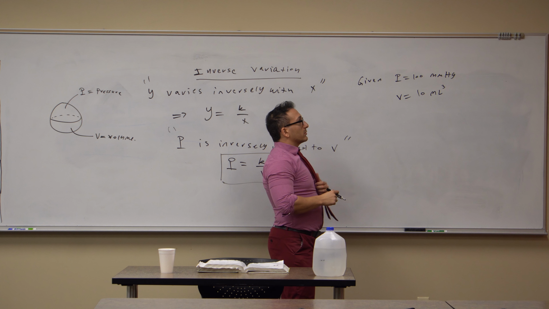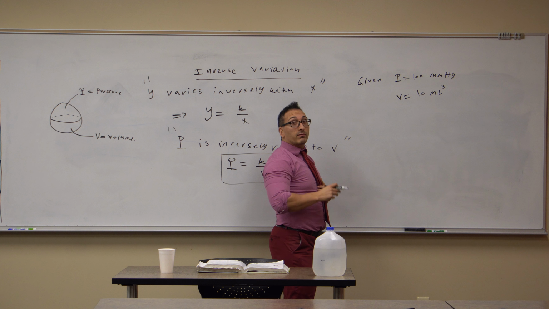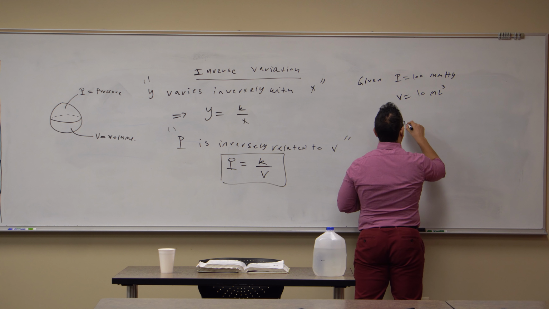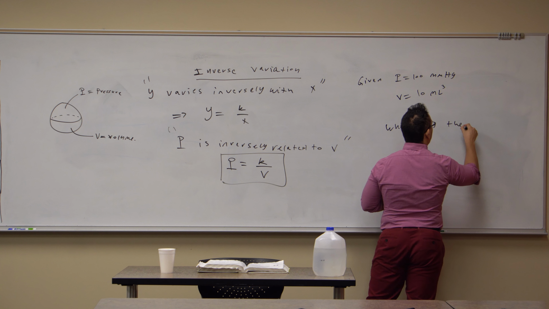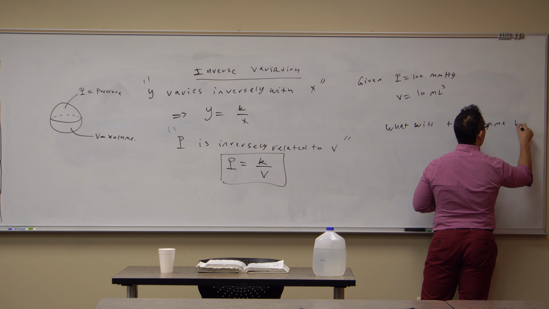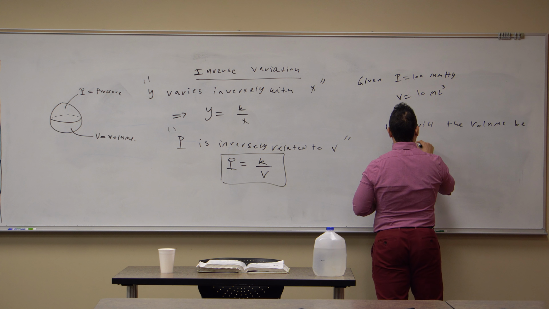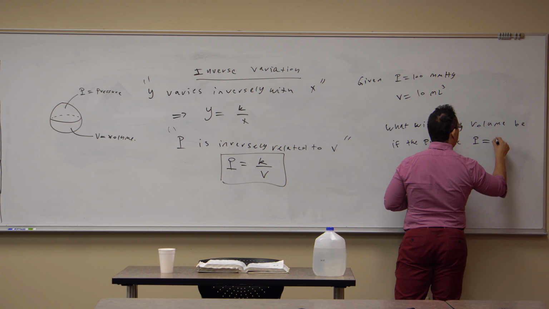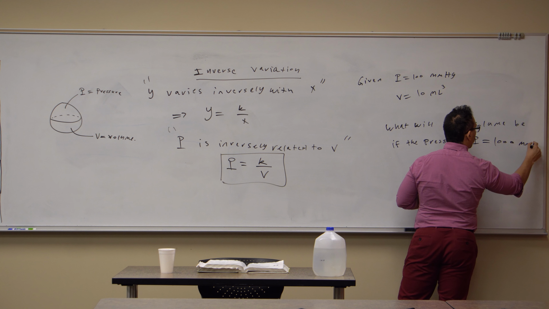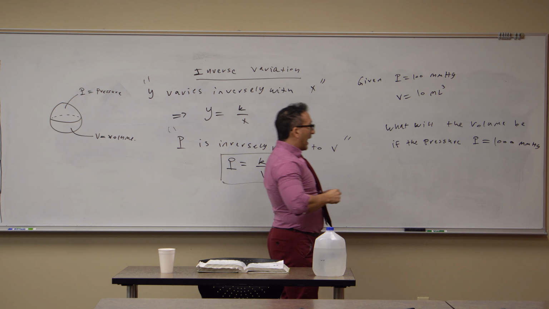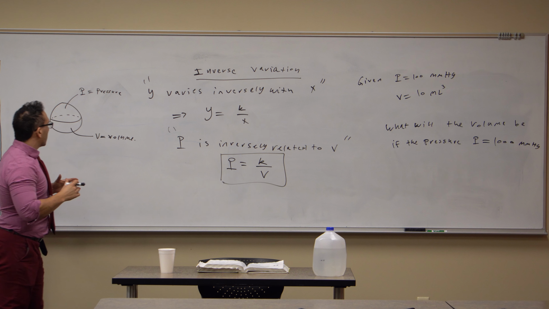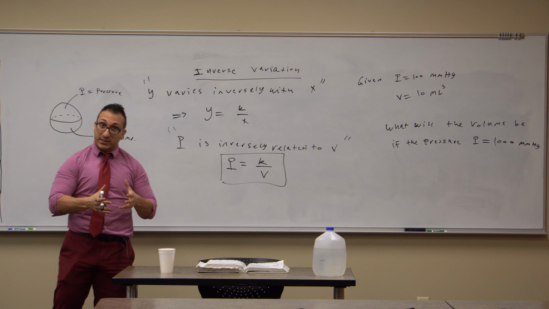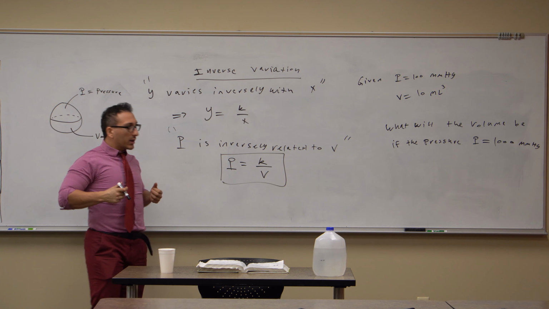If at 100 pressure we have 10 volume, given this information, what will the volume be if the pressure P is 1,000 millimeters of mercury? Meaning, how much did this ball shrink if we press it 10 times harder than we had previously? Really squeeze that ball, okay?